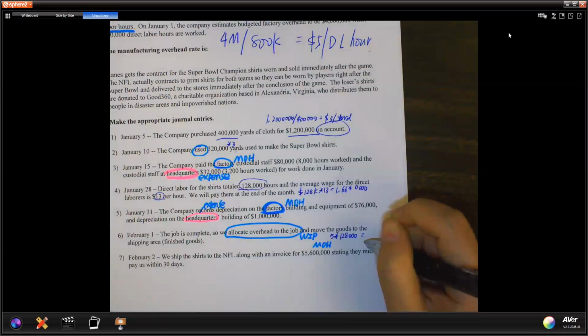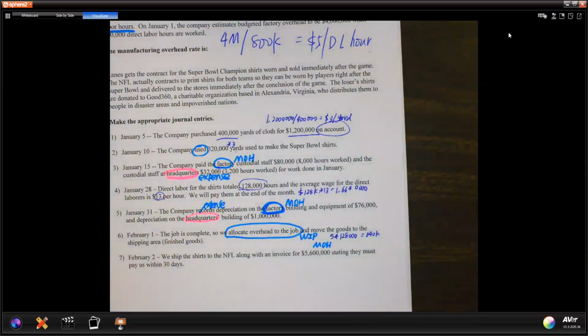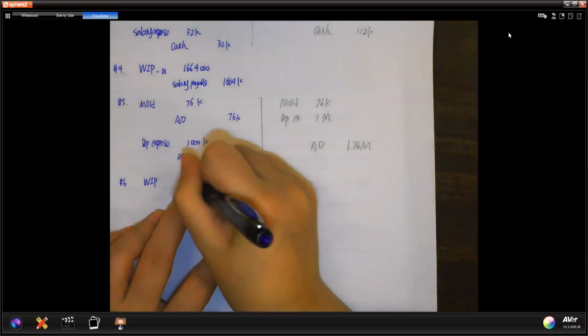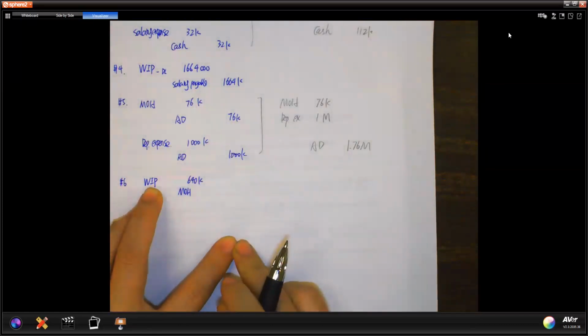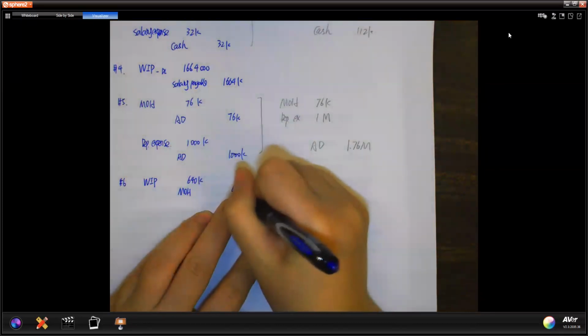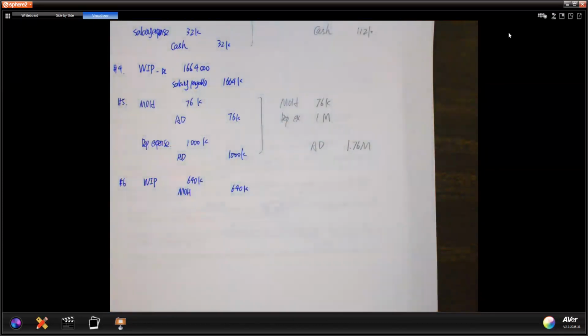So we have to allocate $640,000. We allocate 640,000 to this job, and it becomes work in process.